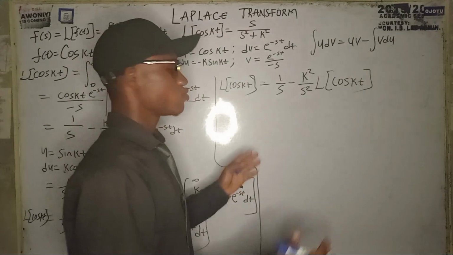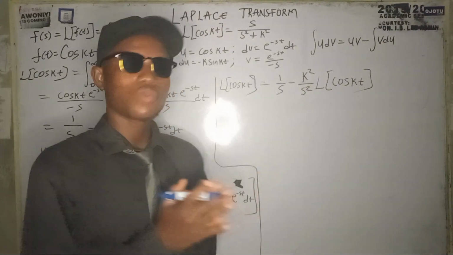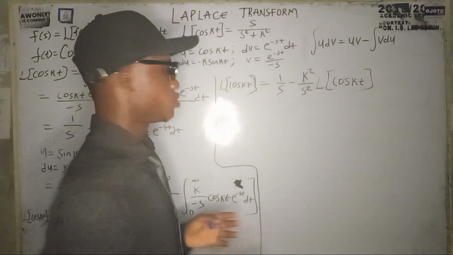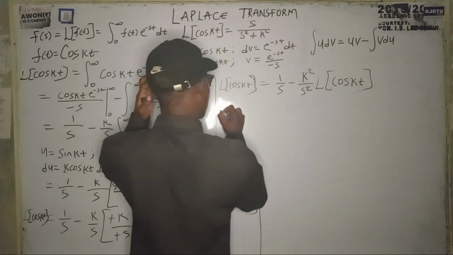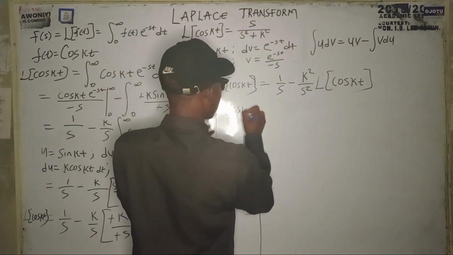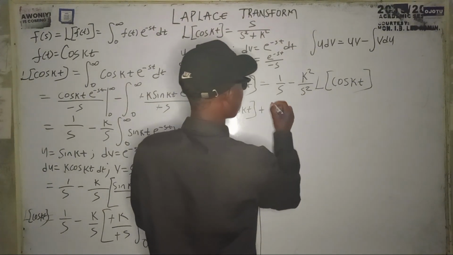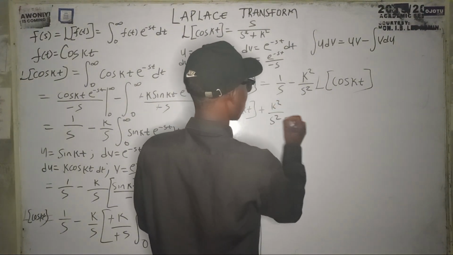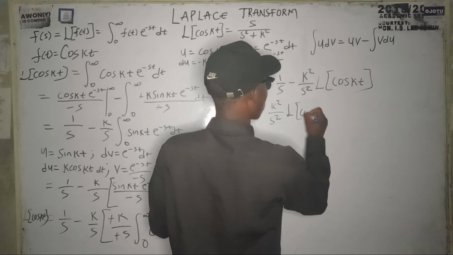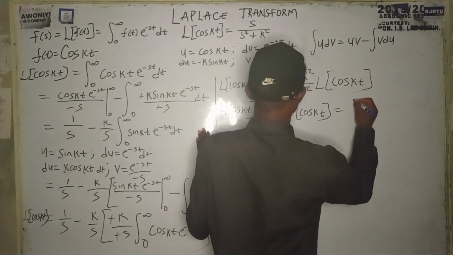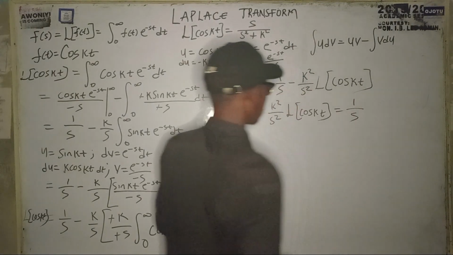So what we just do, we collect our like terms. All the ones with Laplace of cos kt will come to one side, and the other constants go the other way. So we have Laplace of cos kt, this one comes in, becomes plus k squared over s squared, and that is equal to 1 over s.